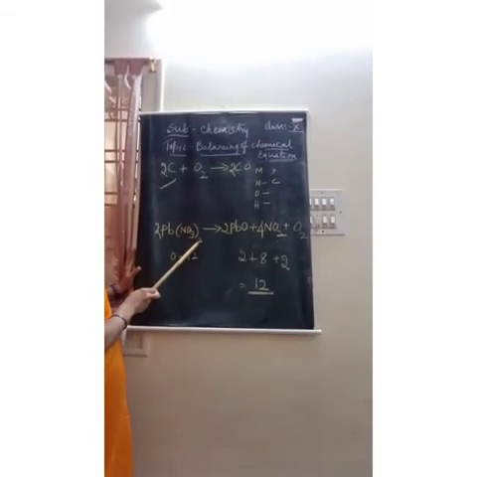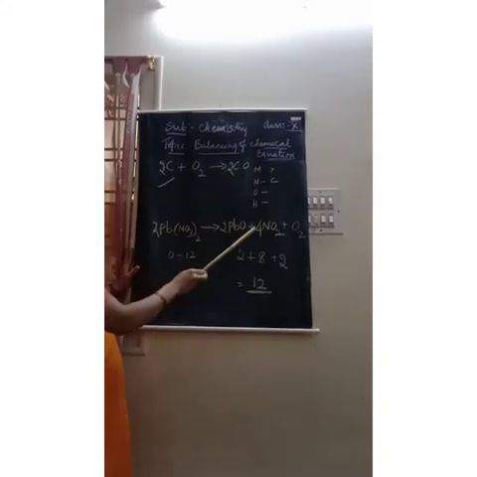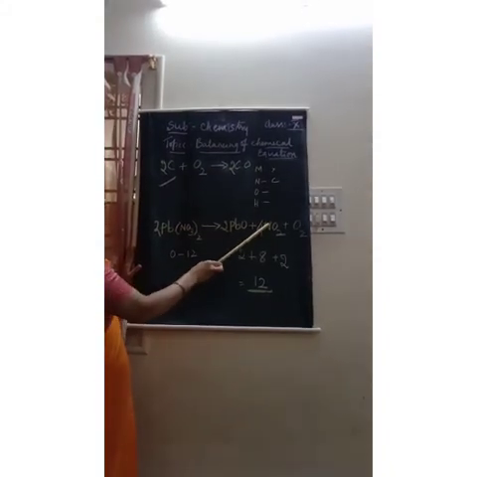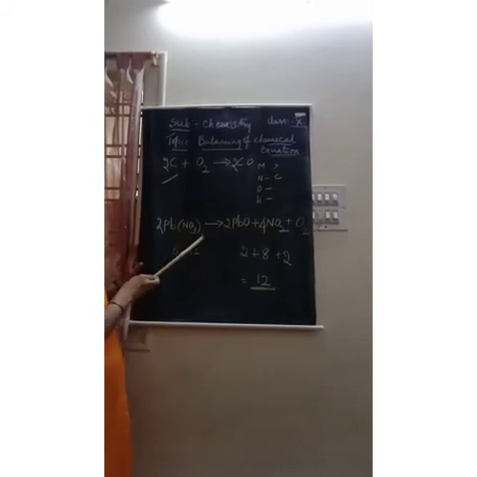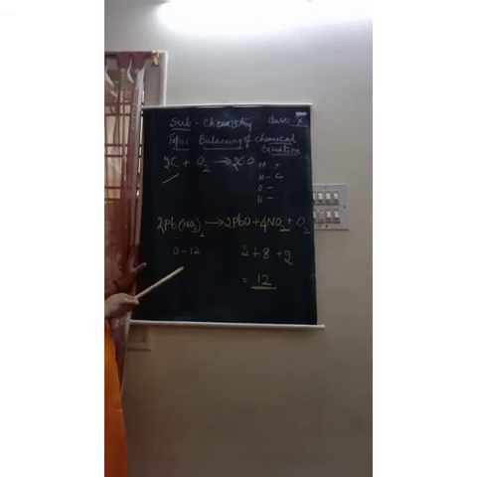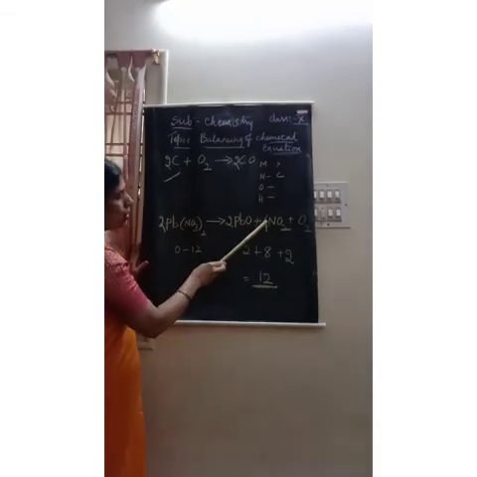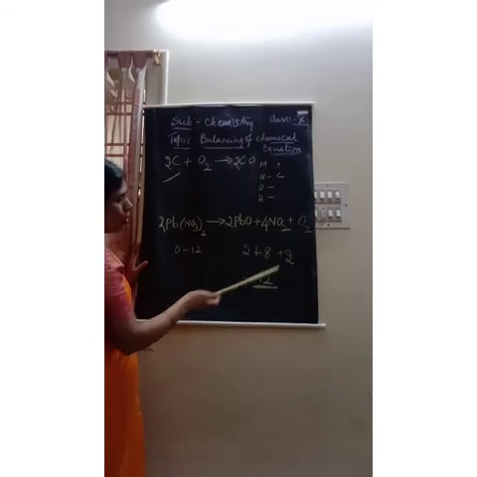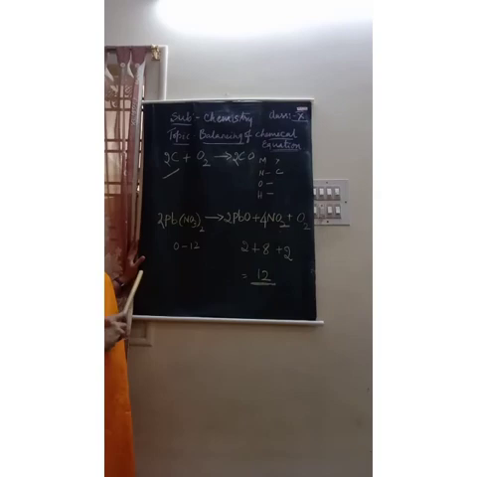Here 2 nitrogen, here 2 nitrogen. Totally 2 2s are 4 nitrogen. Sorry, 4 for nitrogen. What about oxygen, children? Here 3 2s are 6. 6 into 2, 12 oxygen are there. Here, 2 oxygen plus 4 2s are 8 oxygen plus 2, totally 12 oxygen are there. Now the equation is balanced, children.